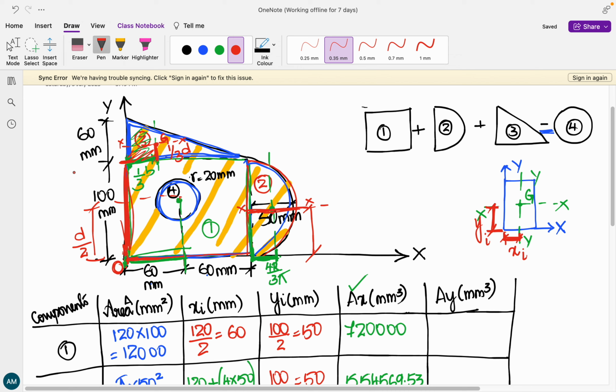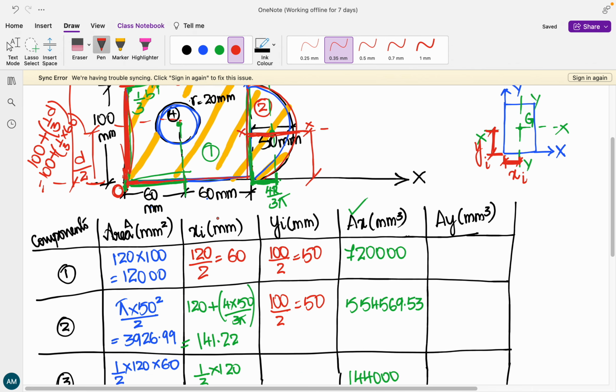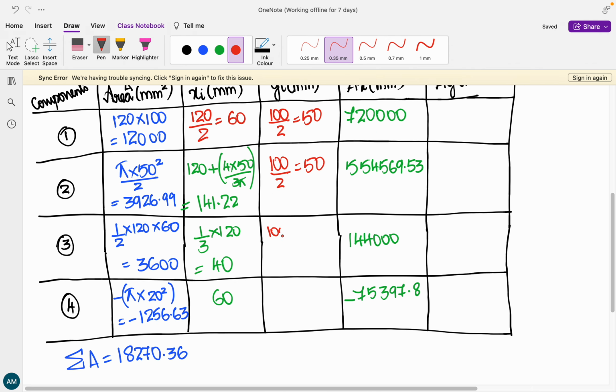So to reach this particular point, the whole distance is going to be 100 plus 1 by 3 of d, or 100 plus 1 by 3 of 60. That is, fill in 100 plus 1 by 3 of 60. Okay. So once we get to know what is the value, write it down in the respective row and column.